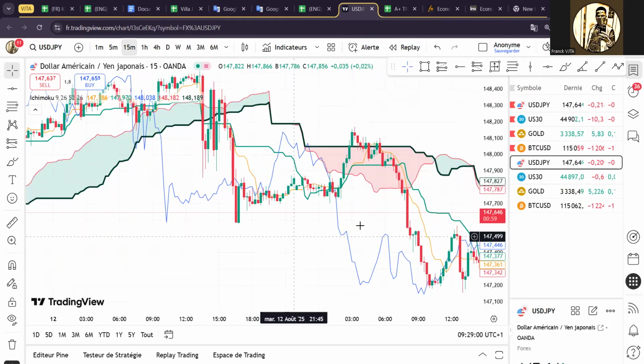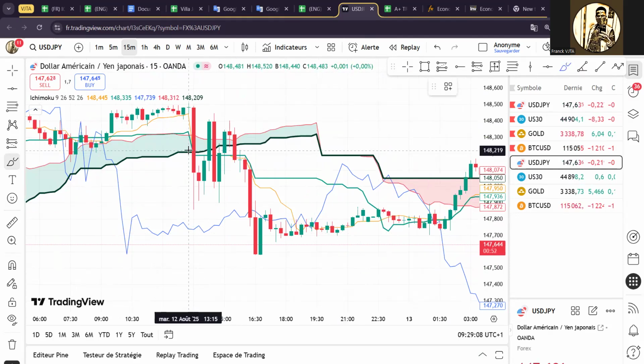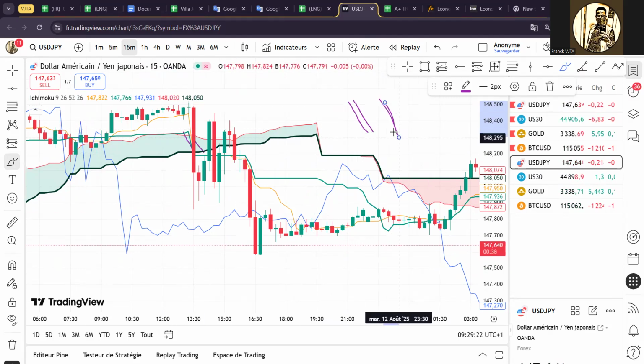I call it a nervous snake when the inclination of Tenkan and Kijun are both in the same direction. And if it is also a fusion like this, it is very nervous.